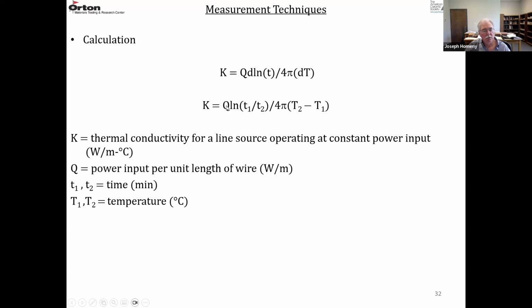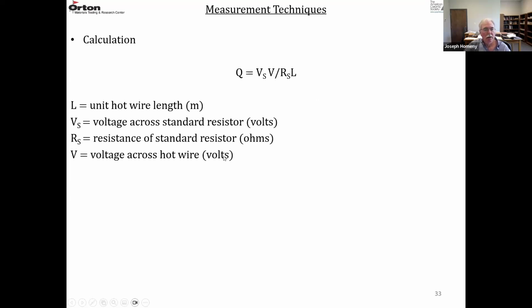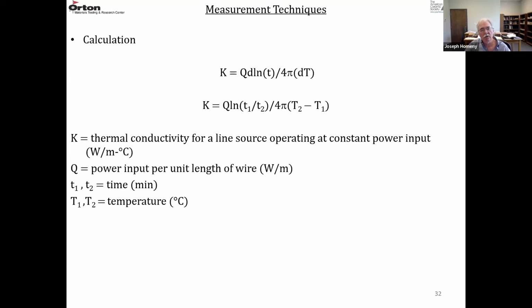We need Q, and Q is determined by our voltage and resistance measurements. Vs is the voltage across the standard resistor. V is the voltage across the hot wire. R is the resistance of the standard resistor, and L is the length. So from those measurements, we get Q, and off of that plot, we get the times and temperatures, so we can calculate the thermal conductivity.